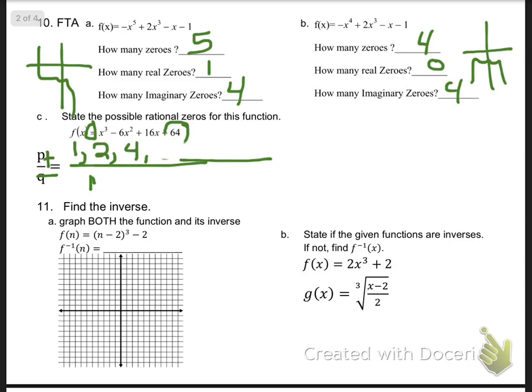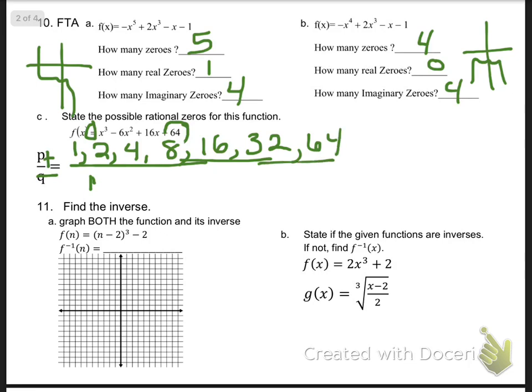6, 7, 8, 9, 10, 11, 12, 13, 14, 15, 16, 17, 18. I think the next number is going to be 32, and then 64.